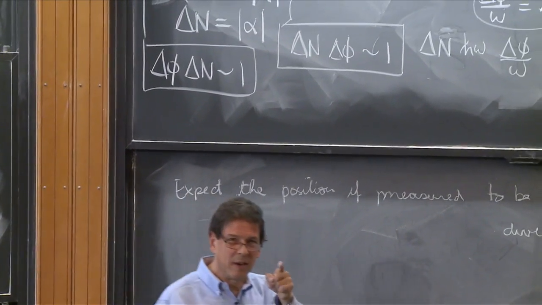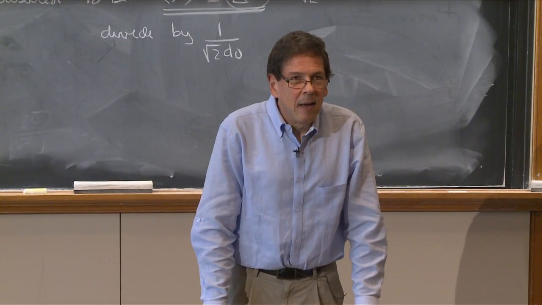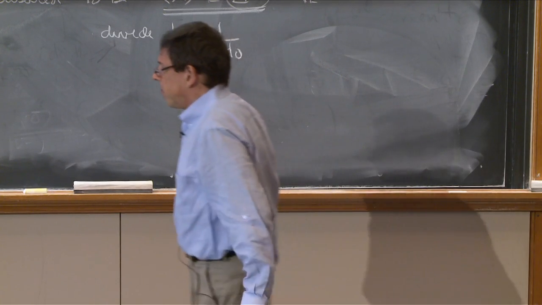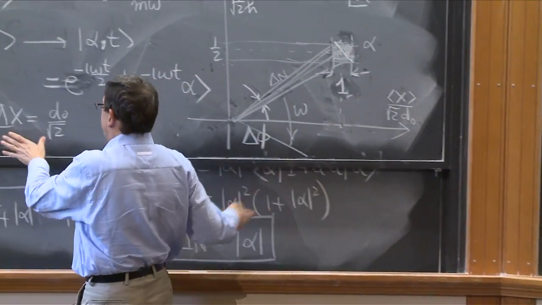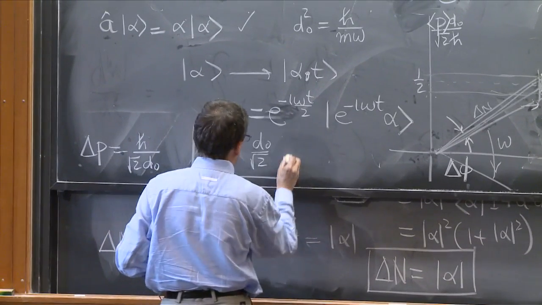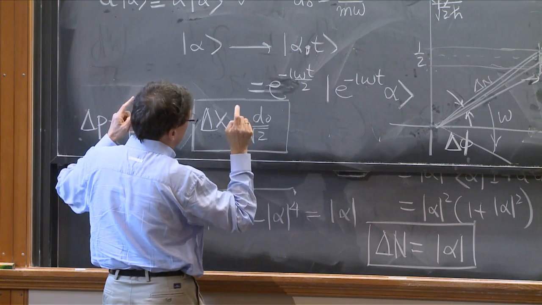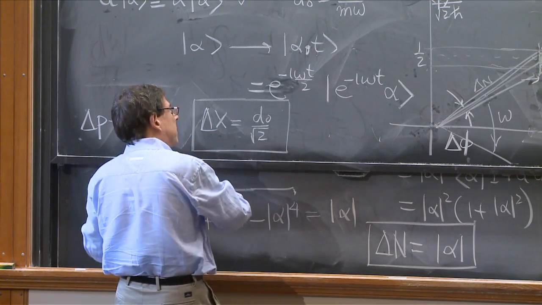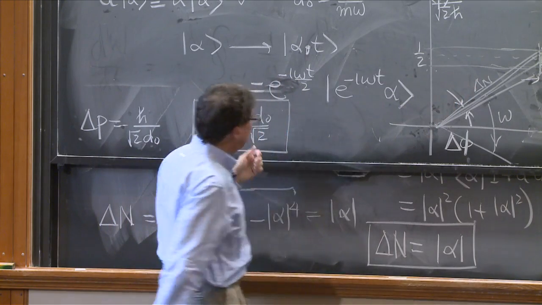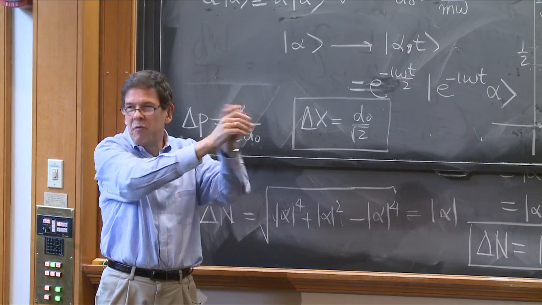There was a question there. Yes? Can you explain again how the Gaussian relates to the uncertainty in E and F? Well, I don't know how the Gaussian relates to uncertainty in x. Basically, we computed the uncertainty in x for the ground state, and I claimed that for a coherent state, the uncertainty in x cannot change, because you just took the state and you moved it away.